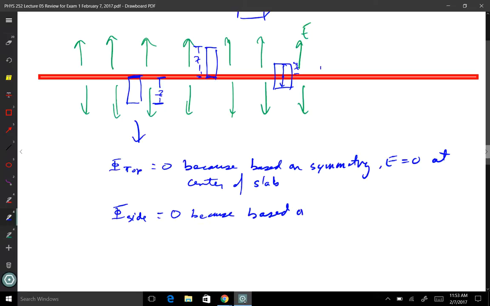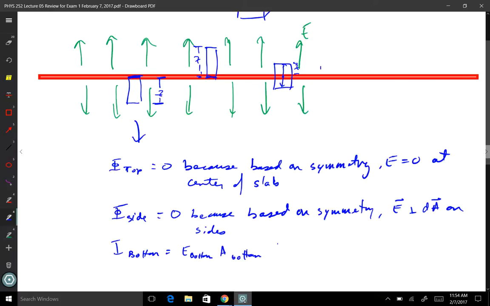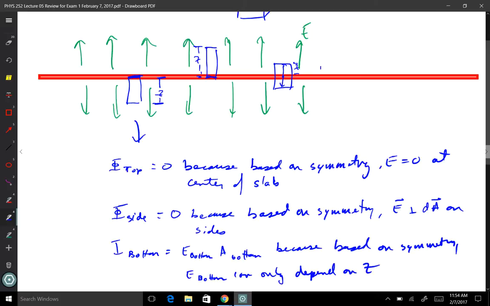Because based on symmetry, okay, I have my reasons for each one of those, not just because of symmetry.